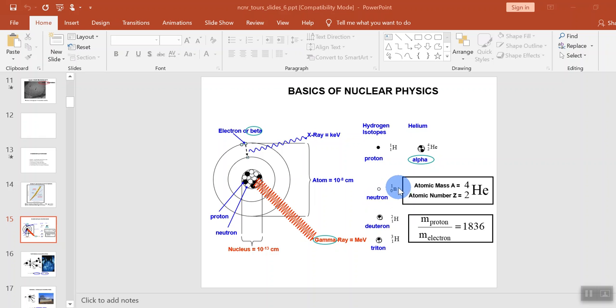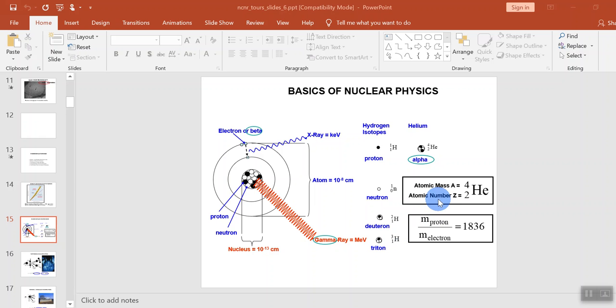So there's the neutron, which doesn't have charge. There's deuterium, which forms deuteron without the electron, which has a proton and a neutron. There's a triton, which is ionized tritium, has 2 neutrons and a proton.